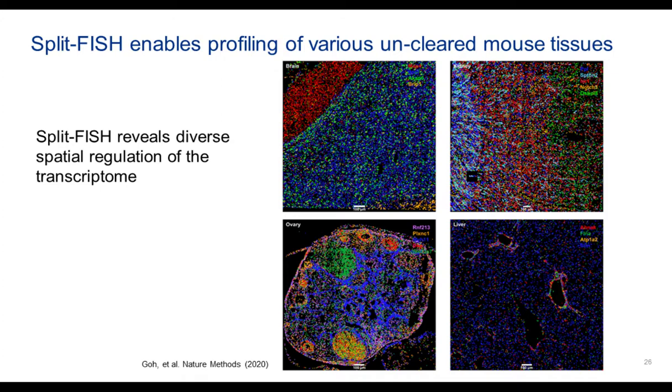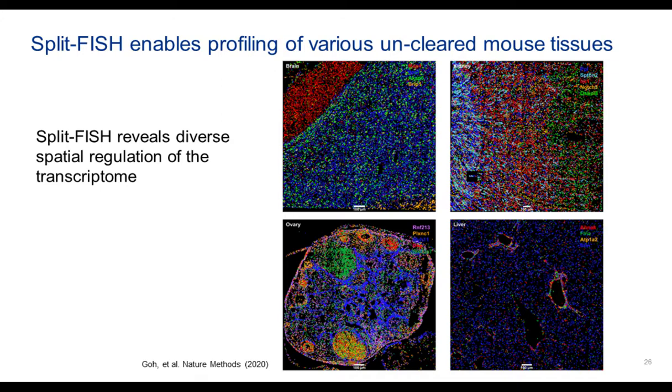And what is really interesting is that because now we don't have to worry about how to clear the different sample types, we just take the same library and put it on different tissues. And we actually see all these very interesting and beautiful images of the different organization of the spatial transcriptome.